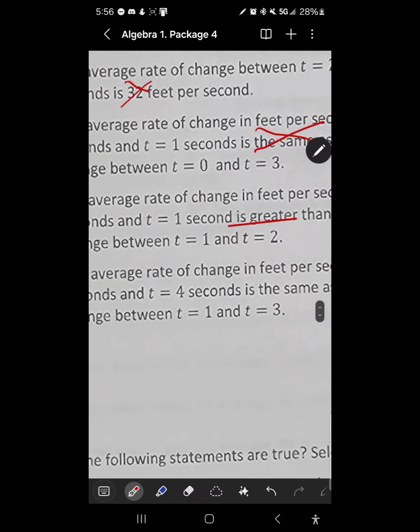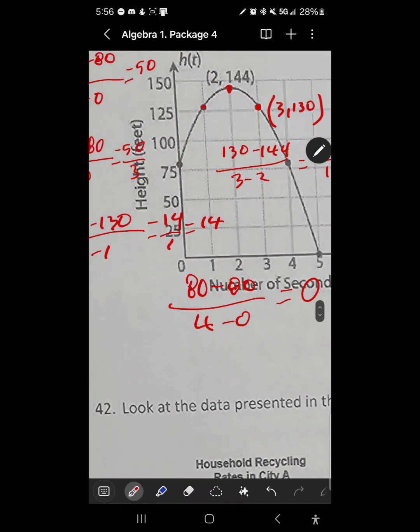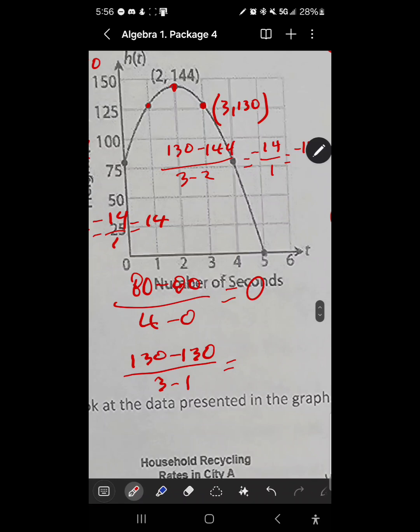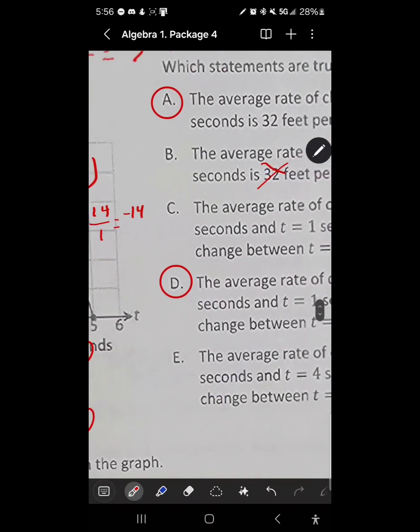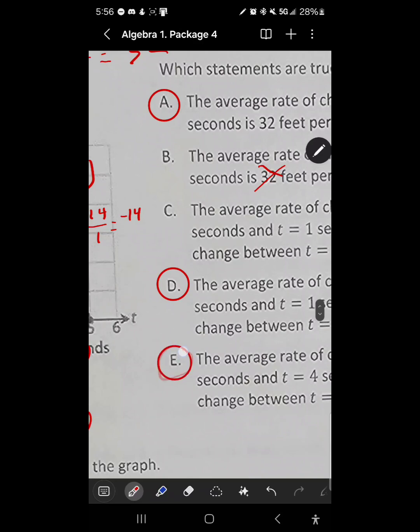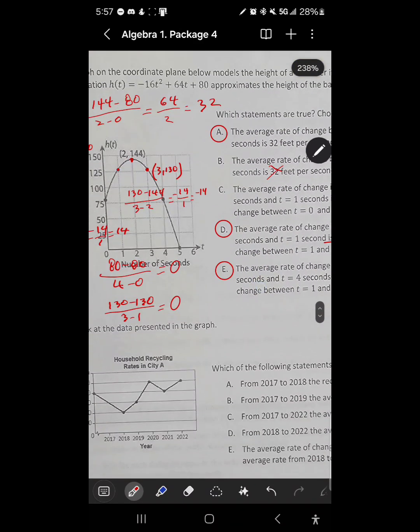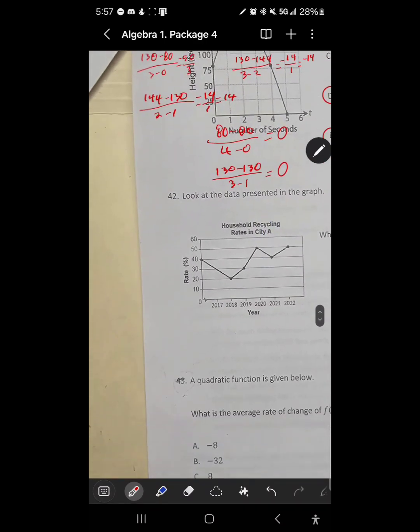And now the other one is 1 and 3. So in 1 and 3, we have 130 minus 130 over 3 minus 1. And this is just 0. So our answer is going to be 0. So yeah, it is the same. They are both 0. Now let's see the next question.